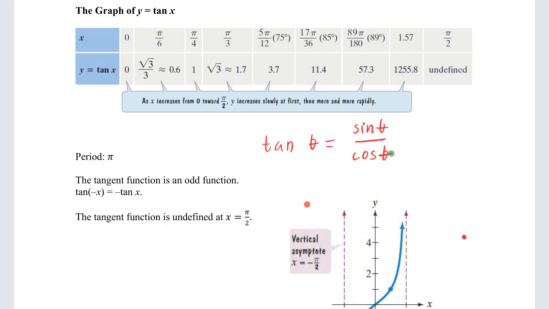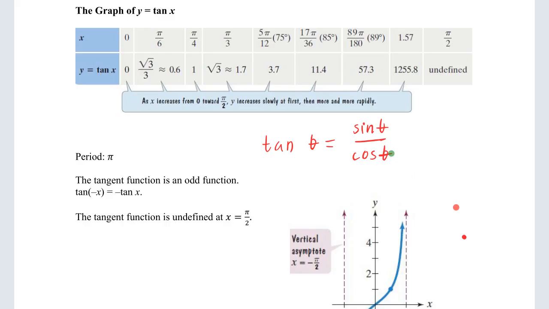Since cosine theta appears in the denominator, the tangent function becomes undefined whenever cosine theta equals 0.